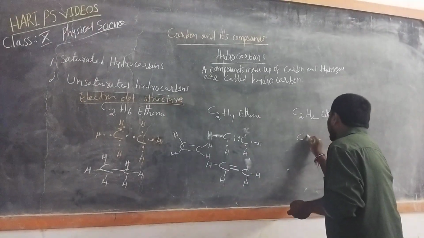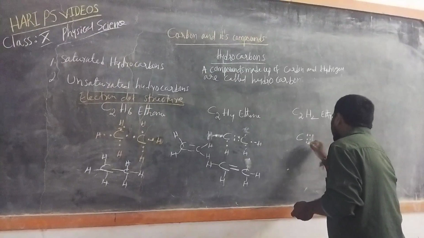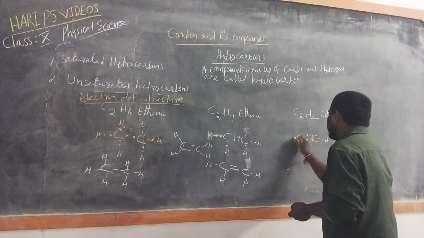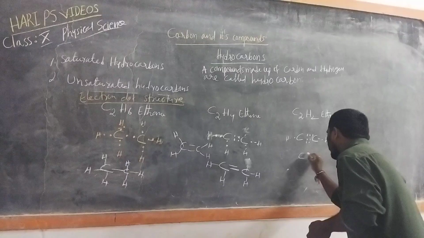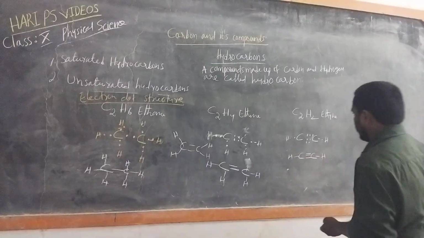Then C2H2: three pairs of electrons are shared between the two carbon atoms. One pair of electrons is shared between the hydrogen and the carbon. So together we can write C, hydrogen, hydrogen.